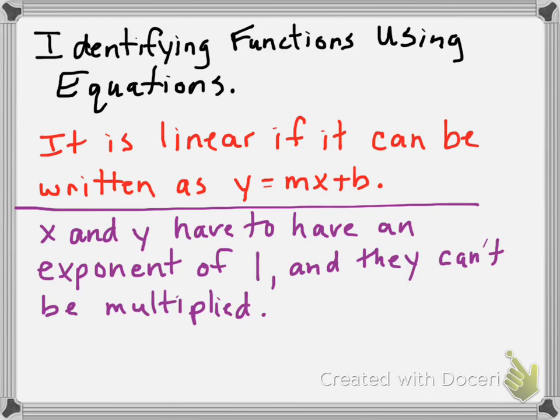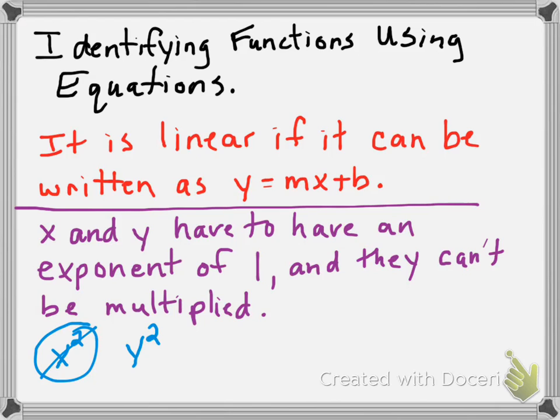Okay, so the first one, x squared, or really x to any power other than 1. So if you see anything like an x squared or x to the third or x to the fifth, x to anything other than 1, then it's not linear.